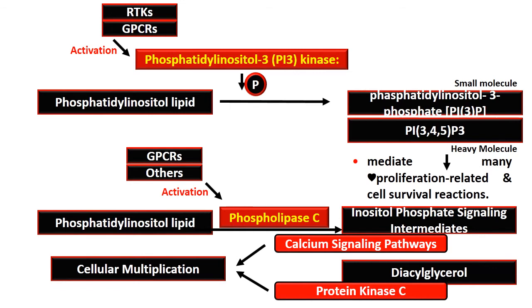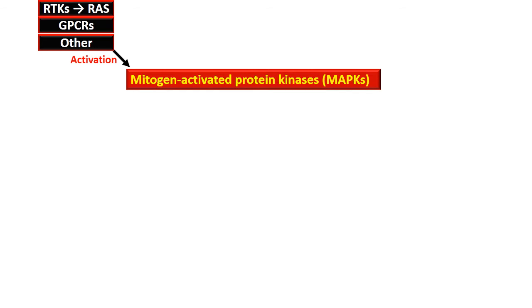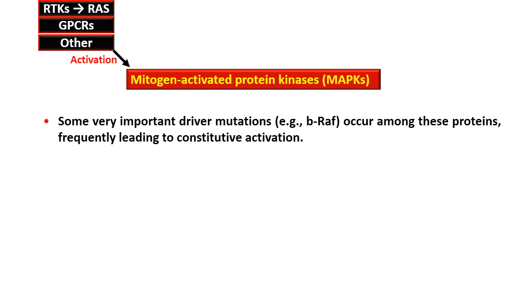The inositol phosphate signaling intermediates through calcium signaling pathway and diacylglycerol through protein kinase C pathway are responsible for multiplication of the cell. The mitogen activated protein kinases or MAP kinases are activated by RAS following the receptor tyrosine kinase activation and G protein coupled receptors, and by other mechanisms.